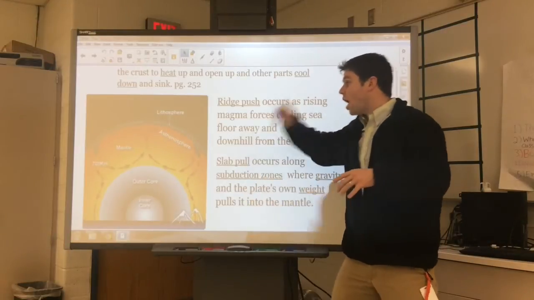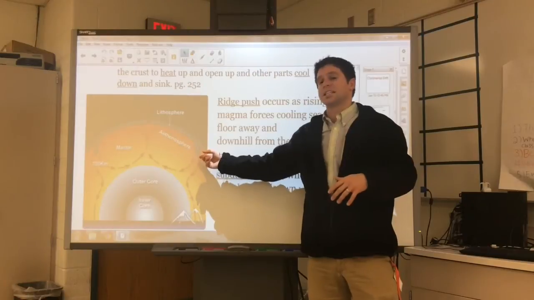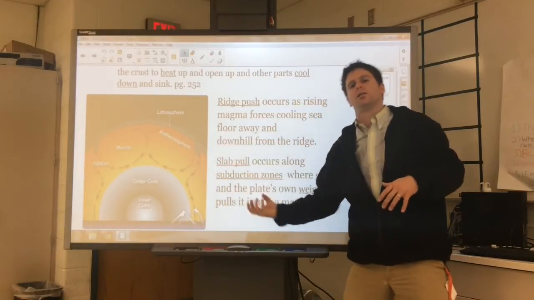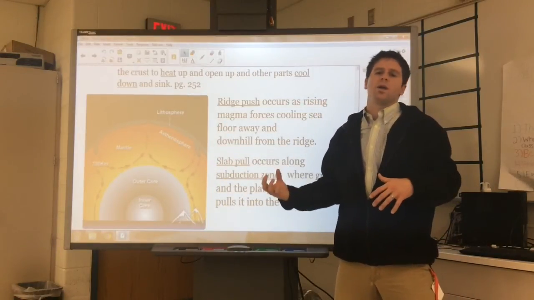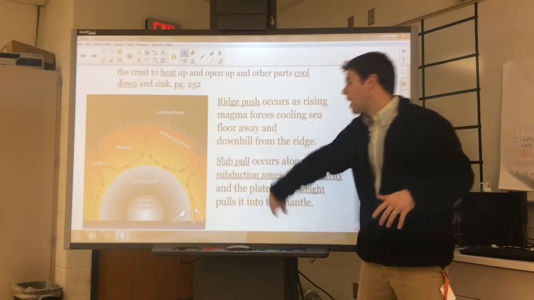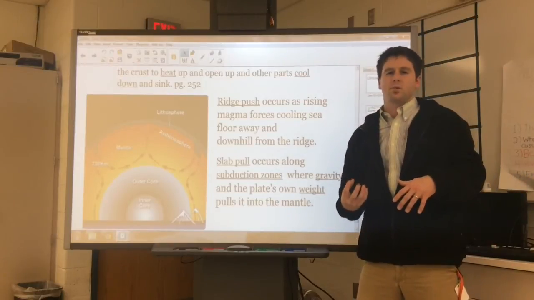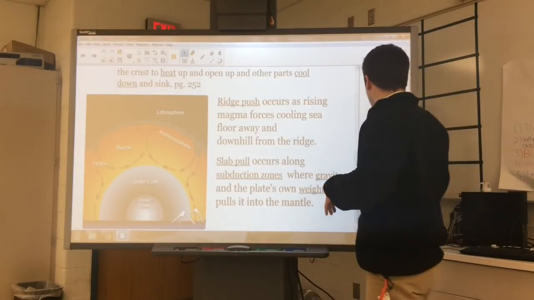Right? And then on the other side of oceanic crust, we have slab pull, where the slab is being pulled down into the mantle. And that's where we have what's called subduction. Right? These subduction zones occur when gravity and the plate's own weight pull the plate into the magma. Okay?